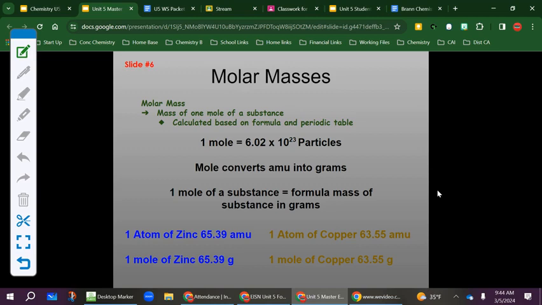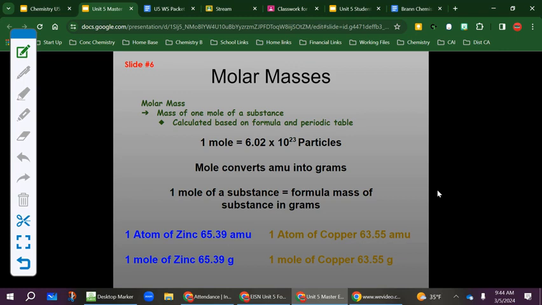Now, what's the mass of Na on the periodic table? 22.98. What's the mass of chlorine? 35.45. Since this is made up of sodium and chlorine atoms bonded together, guess what we do to those 2 masses?